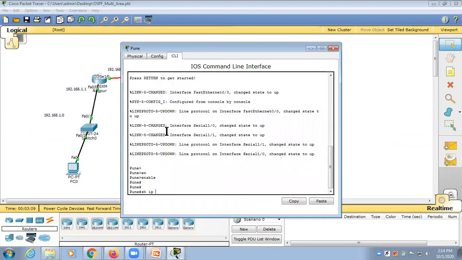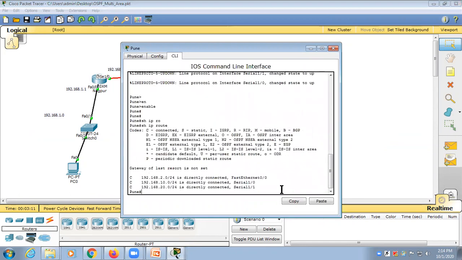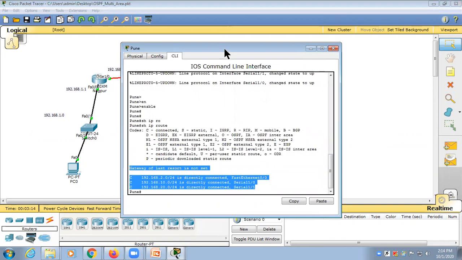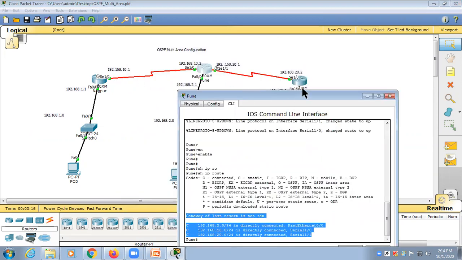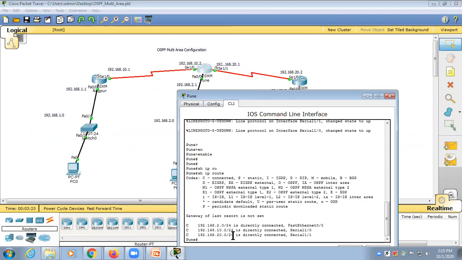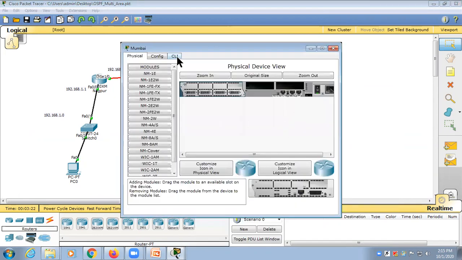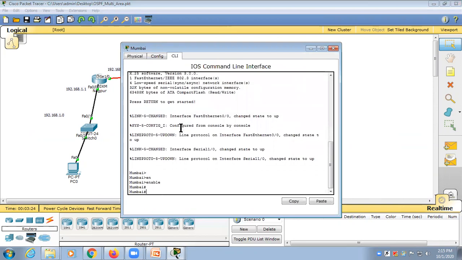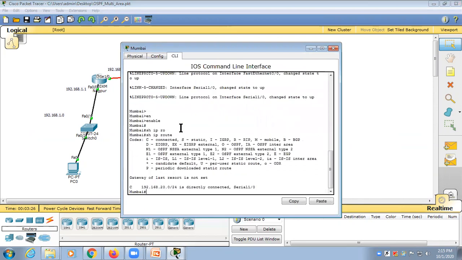Show ip route. There are 3 networks available, because Pune is connected to Nagpur as well as Mumbai, and their subnetworks are also connected. And on the Mumbai router, if you check show ip route, there is only one network available.